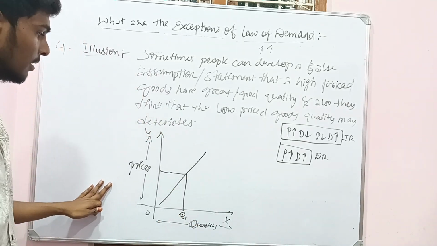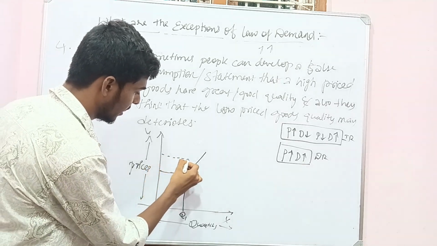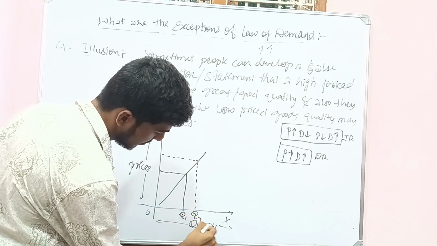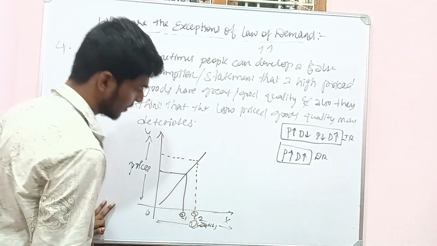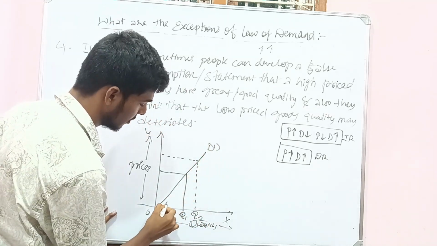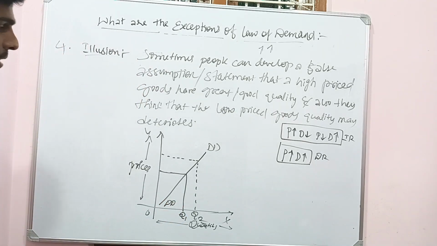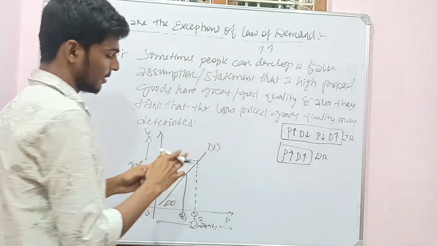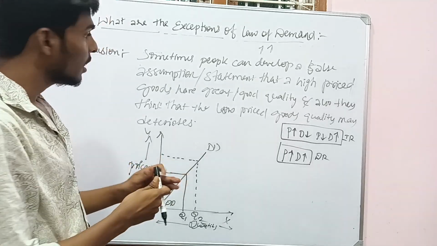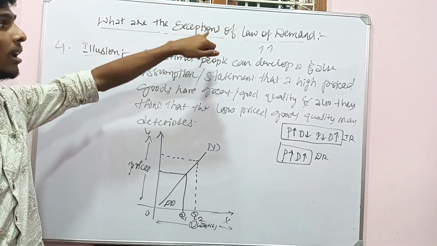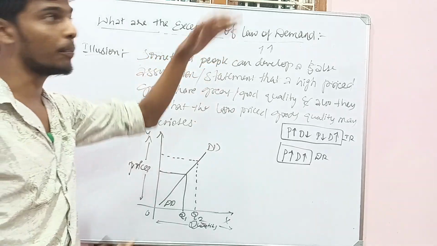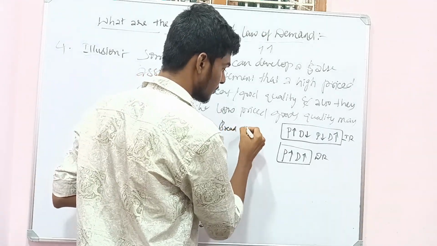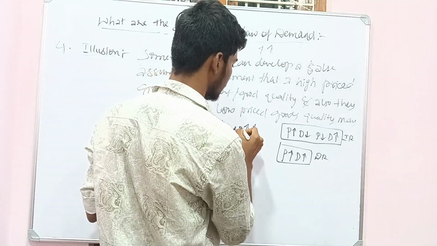Quantity demanded 1, and the people created an assumption, quantity demanded 2. Demand curve: here it will be like this because there is an increase. In the Giffen paradox, if the price of bread increased, the demand for bread also increased.